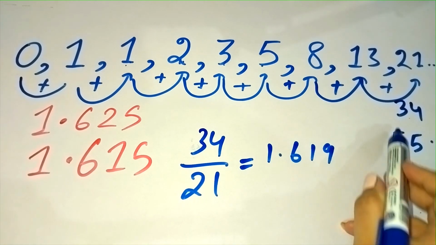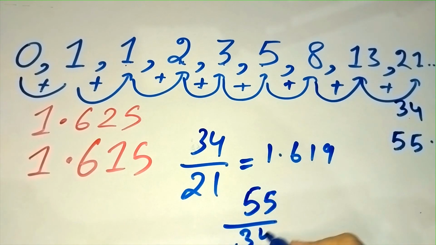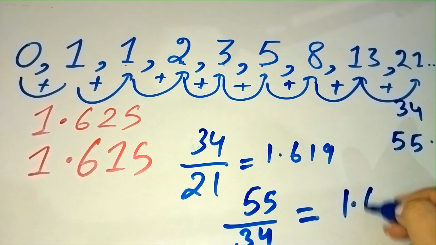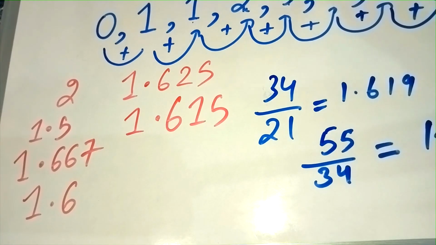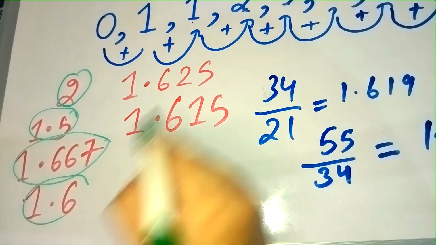And if we divide 55 by 34, we get 1.618. Now if you notice, the numbers are getting closer and closer.